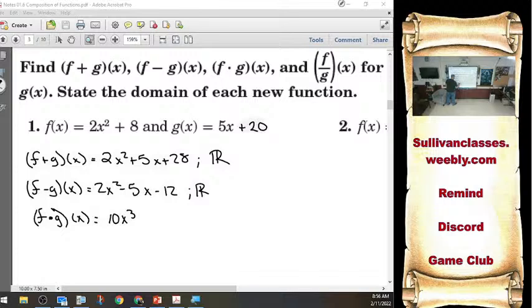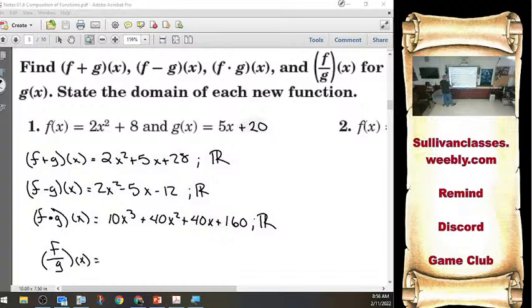It's 40x squared. Oh, I forgot to put my squared up there. Damn it.